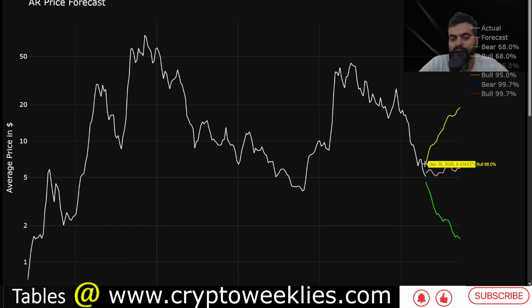In the next 6 months, if there is a non-euphoria 1 standard deviation bull market, that means prices go up but do not have a euphoria like they did back in October till December 2023 or February 2024 till March 2024. In that non-euphoria peak for Arweave, the next 6 months price action could be between $6.42 and about $19.